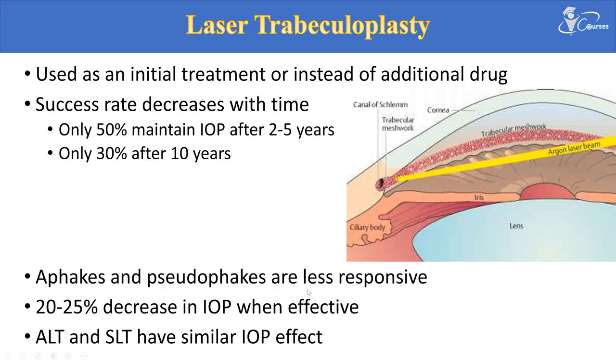Patients who are aphakic and pseudophakic are less responsive to the laser, and there is a 20 to 25% decrease in the intraocular pressure when effective. So this is the success margin, which is actually the average of a bottle of medication. An average bottle will cause a 20 to 25% IOP reduction.